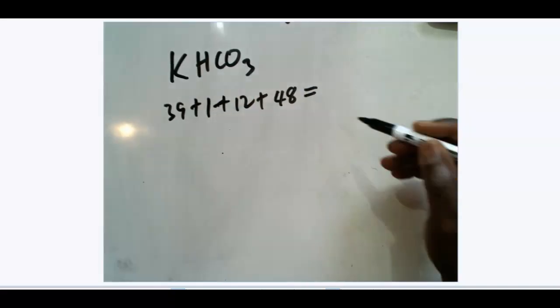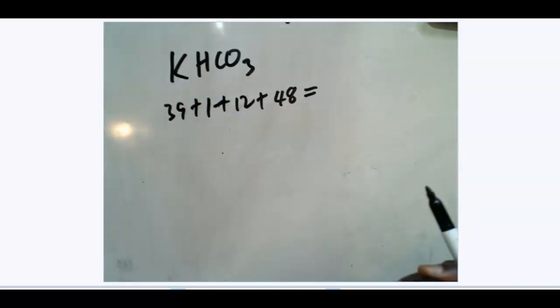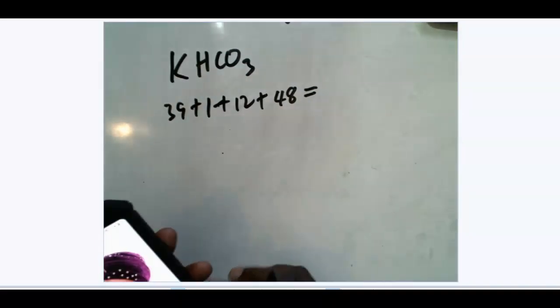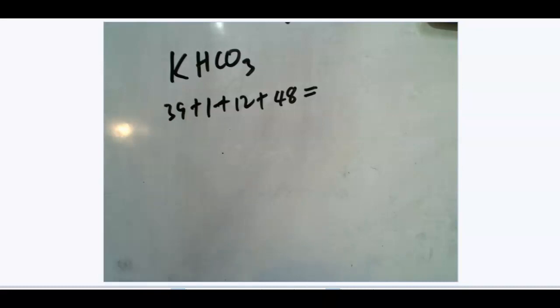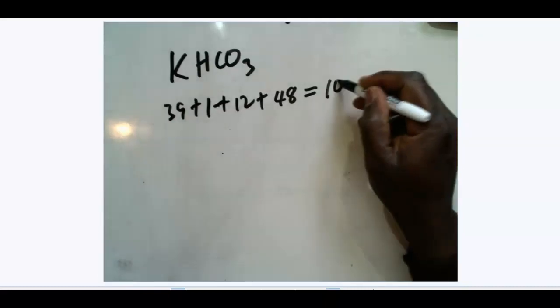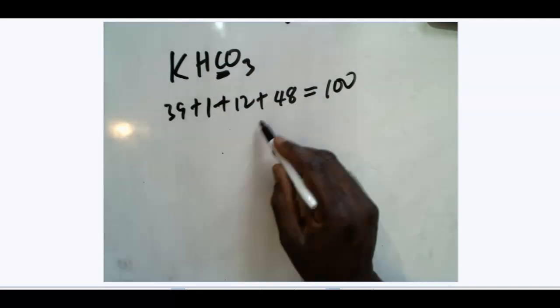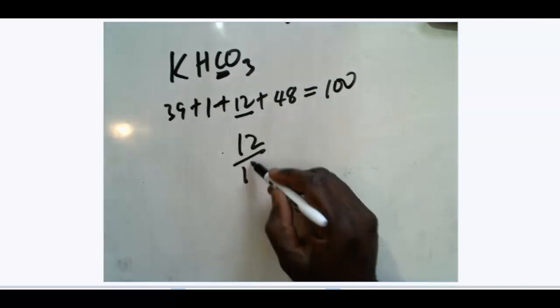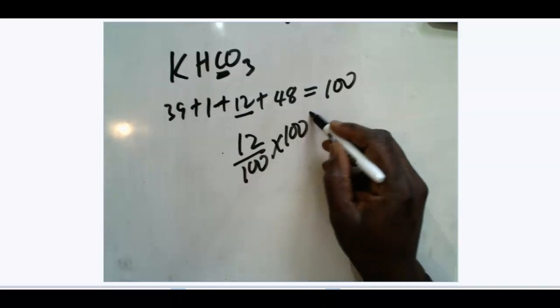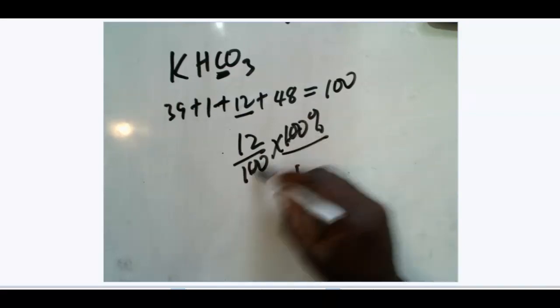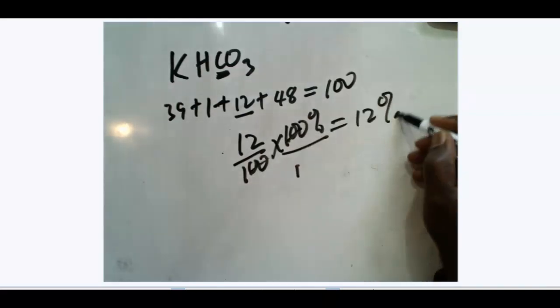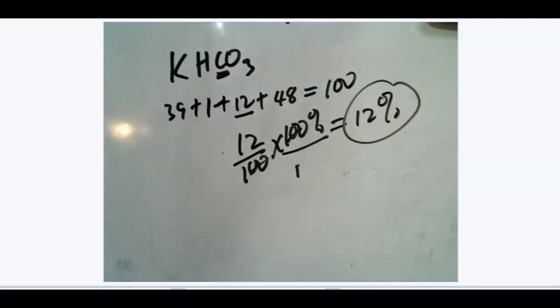The total will be what? I think it's about 100. Okay, good. So we're looking for the percentage of carbon. Carbon is 12, so that will be 12 over 100 times 100%, and that will give us 12%. That's how we got that.